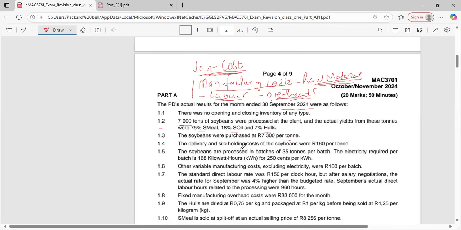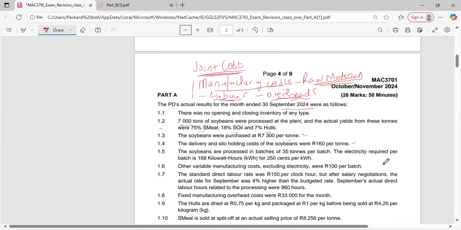Then, while we are reading, let's also try to see what the joint costs are. I think number 1.3 is a joint cost. Am I correct? Then the delivery and silo holding cost of the soybeans were 160 per ton. This one also goes to joint cost. Then they say the soybeans are processed in batches of 35 tons per batch.